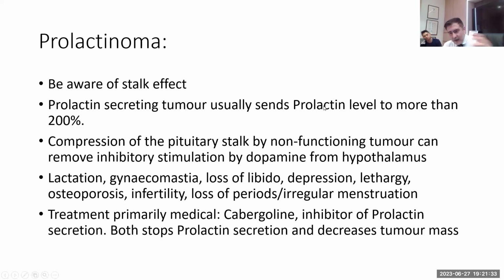It must be in the thousands for you to assume that it is. You can try the medication and see if it shrinks, but you have to monitor them very closely and see that the prolactin drops right off after a couple of weeks of giving them cabergoline. So be aware of the stalk effect.